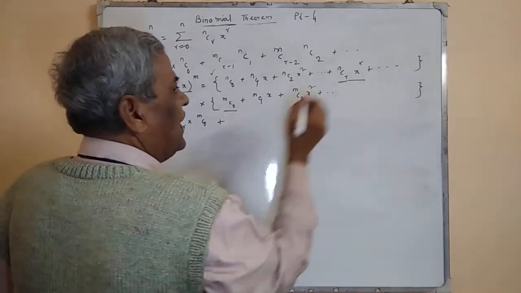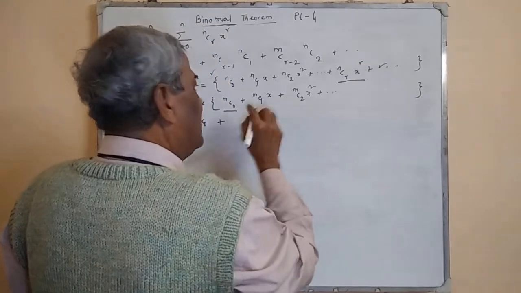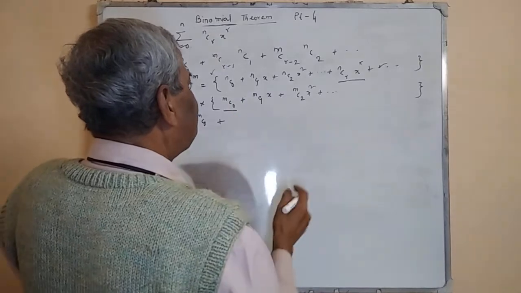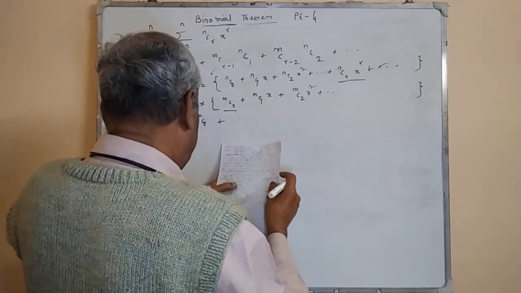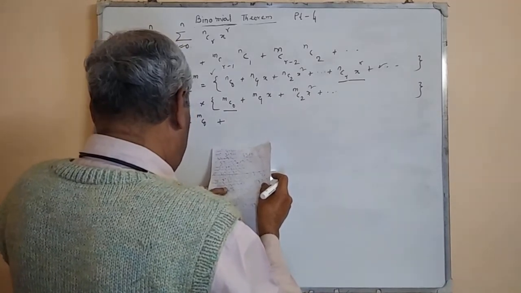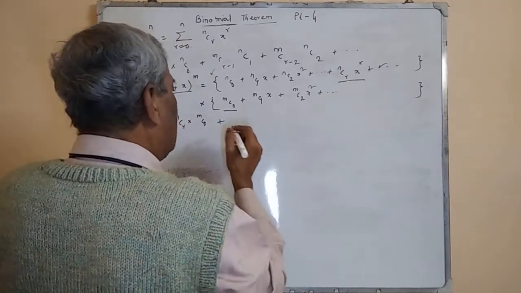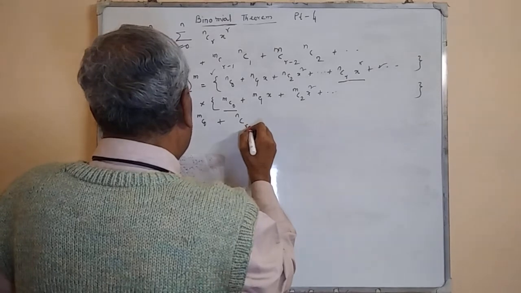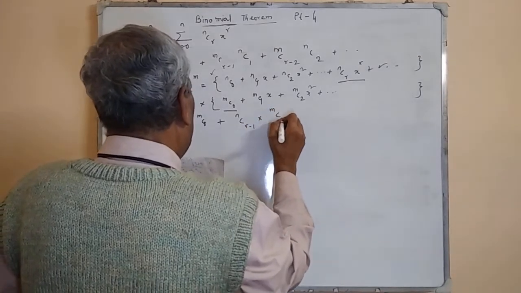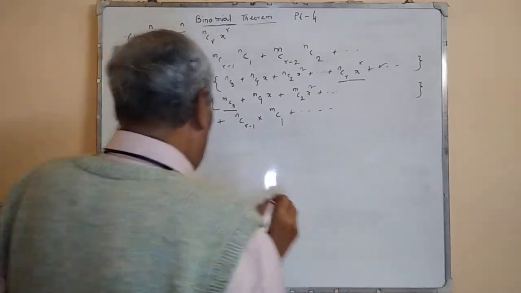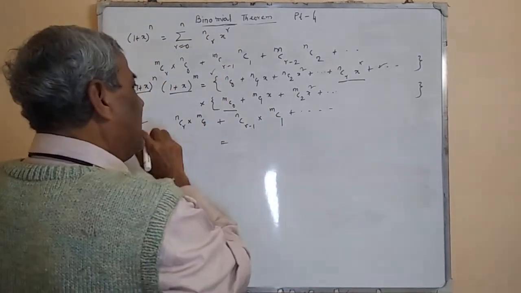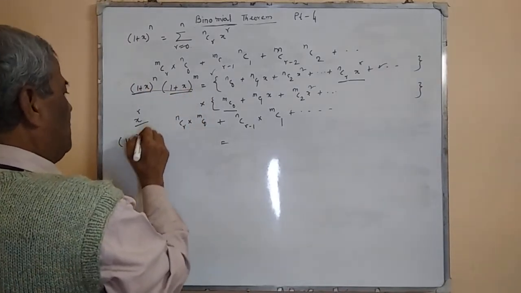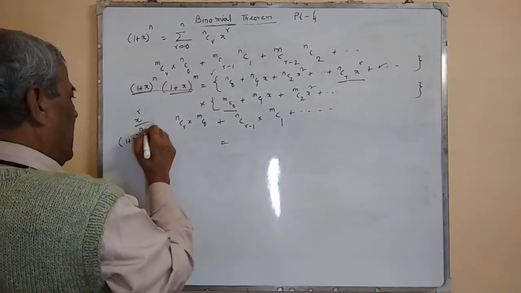Next higher term, it is x to the power r plus 1, and it is mC(r minus 1) into nC1 and so on. And the other side is actually 1 plus x to the power n and 1 plus x to the power m.